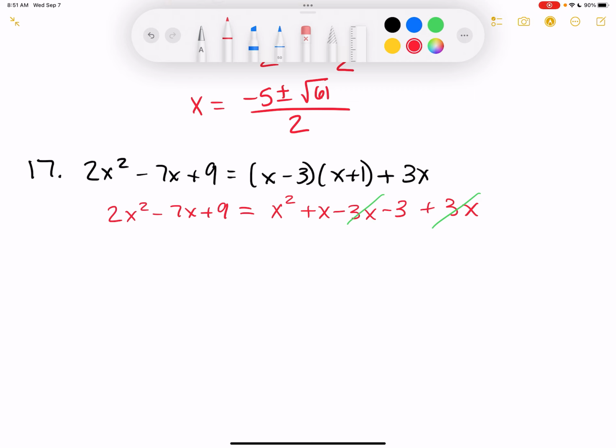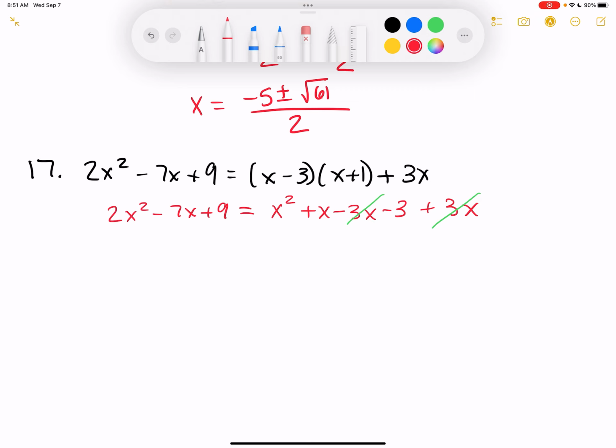I need numbers on the right, x values on the left. So what is that going to give me? We need to get the x terms to the left and the constant terms to the right, because we're going to complete the square.